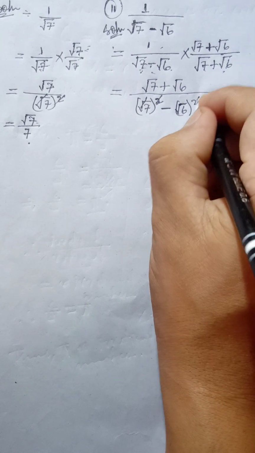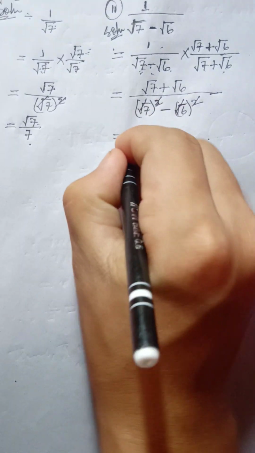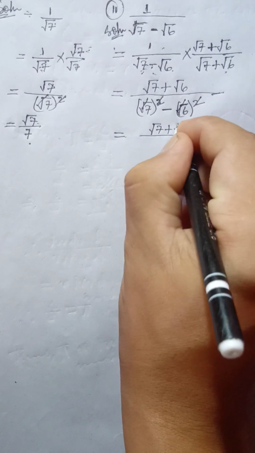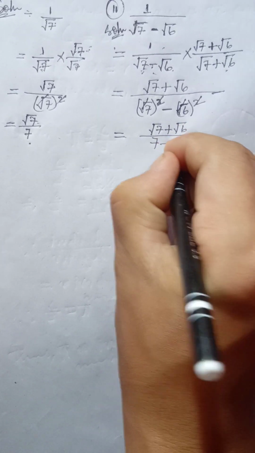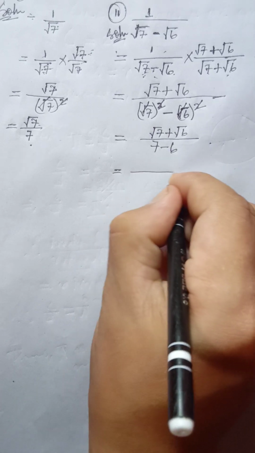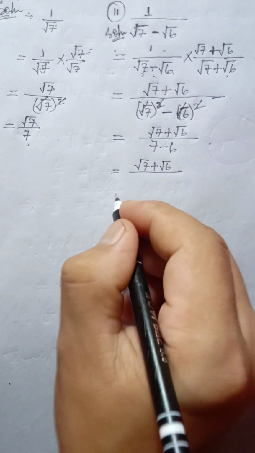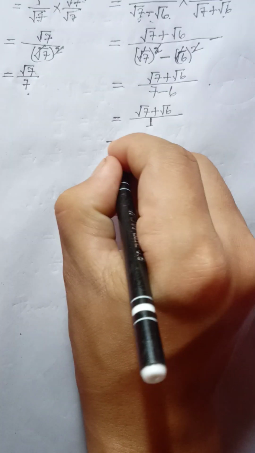Square and root cancel. So we get root 7 plus root 6 over 7 minus 6. So 7 minus 6, how much will it be? That will be 1.